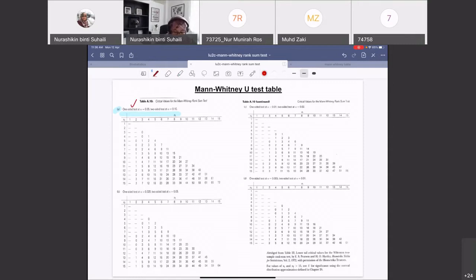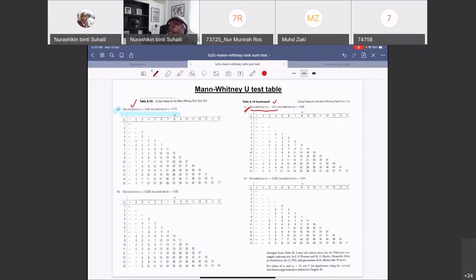But if you set alpha at 0.01, which is also possible, as I said just now, it can be 1% or 5%, then you cannot refer to the first table. You have to refer to C, the table which states that it is for one-sided and alpha 0.01.